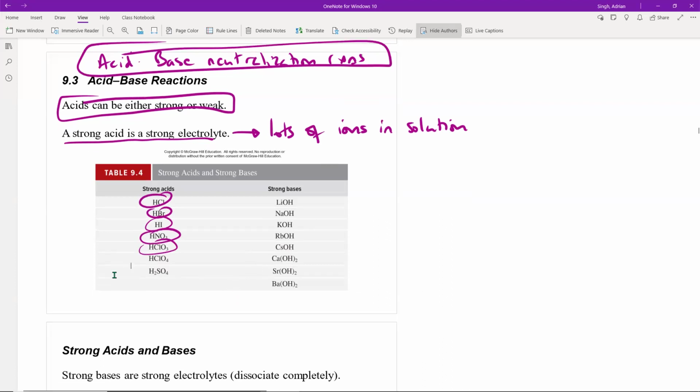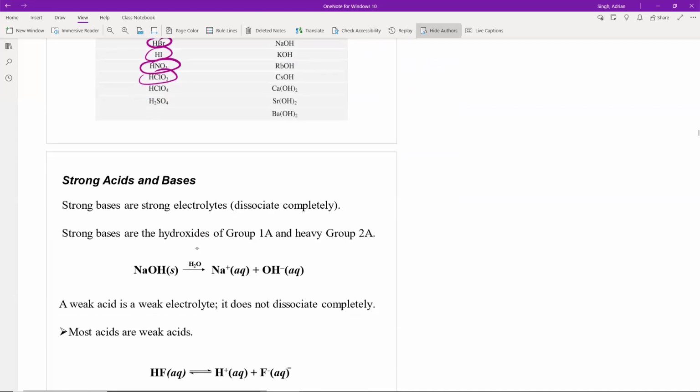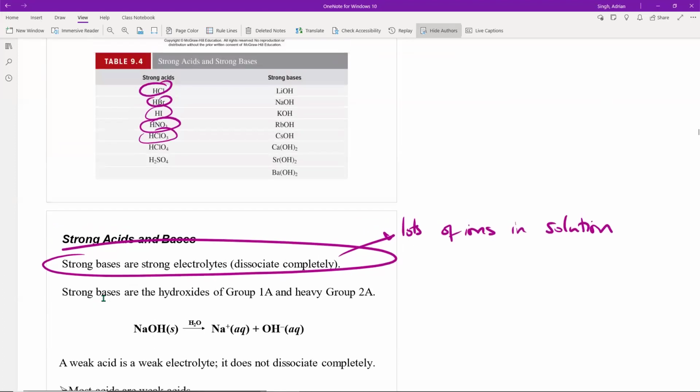By the same token, strong bases are also strong electrolytes because they dissociate completely to give you lots of ions in solution when they do break apart. Good examples of strong bases are things that contain hydroxide, right? Hydroxides contain the OH minuses.